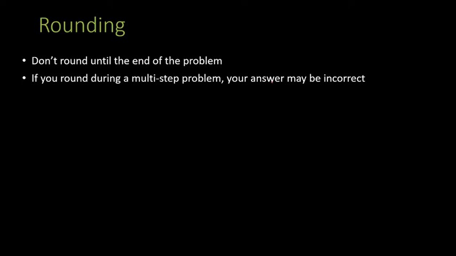So first, rounding. When you're working on a problem, especially a multi-step problem, make sure you do not round your answer until the end of the problem. So for example, let's say we have a problem that has 5 steps to it, and at every step you're making some sort of computation. Maybe on step 2 you get some answer that has quite a few decimal points behind it.